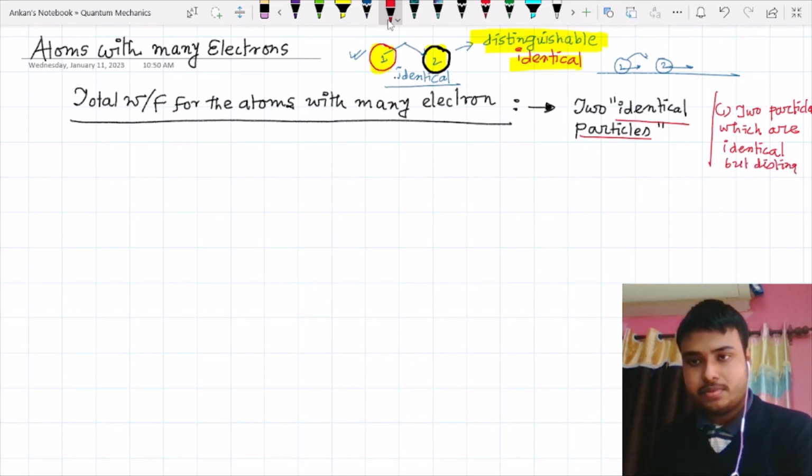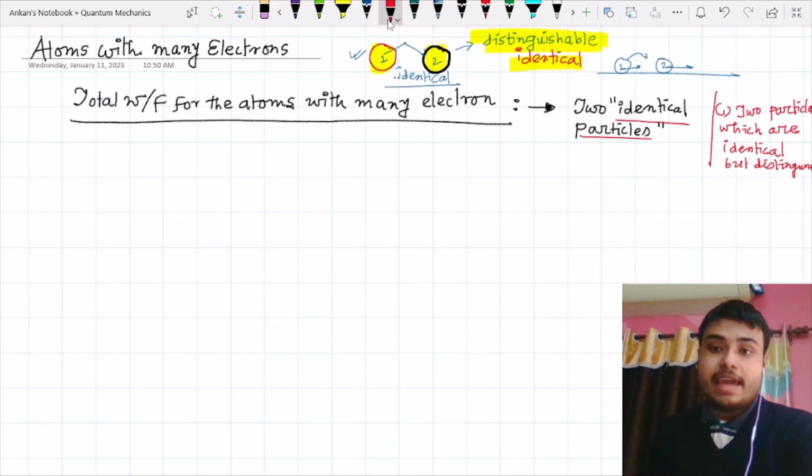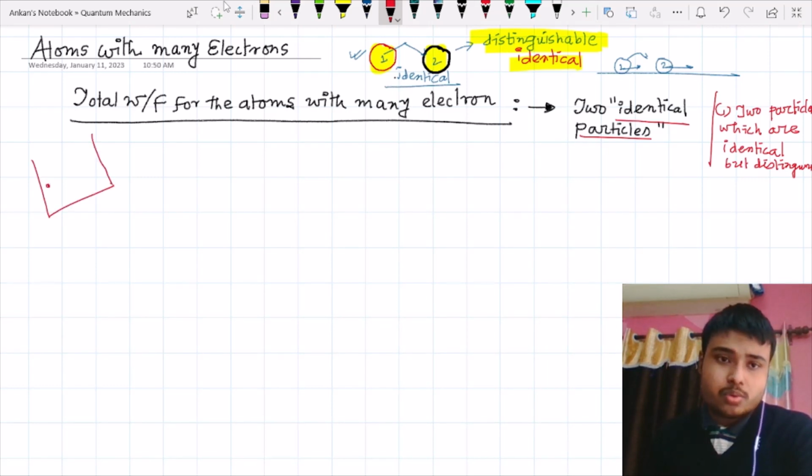Again, if the same scenario is observed, suppose this is a hypothetical concept, suppose in a container two electrons are allowed to move freely. Suppose this is electron 1 and this is electron 2.